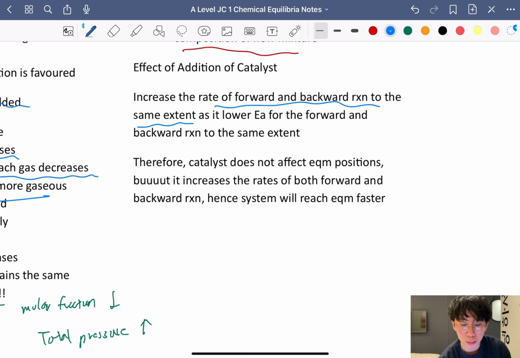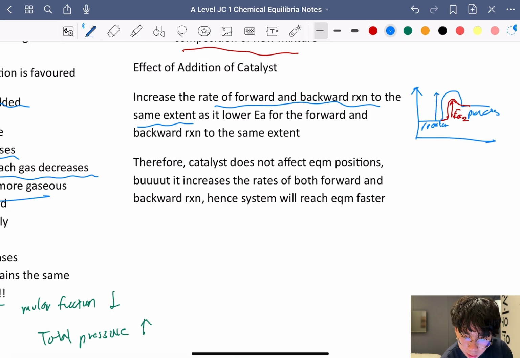If I draw my energy profile diagram, you can see that for a reaction with a catalyst, with a lower activation energy, let's say this is EA2, and this is EA1, we can see that EA2 is lower than EA1 for both the forward and backward reaction.